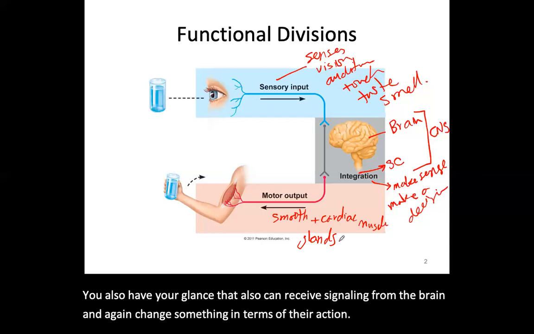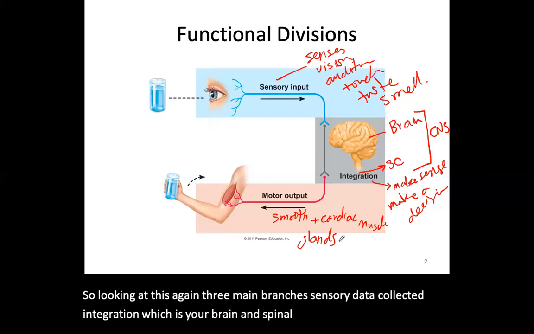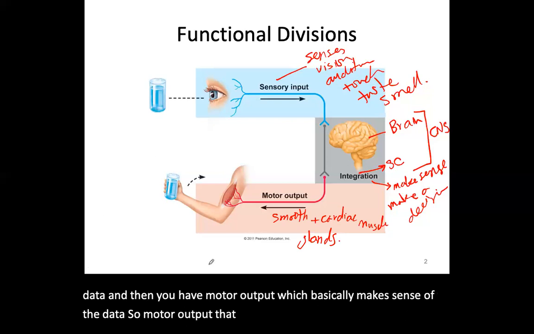So looking at this again, three main branches: sensory data collected, integration, which is your brain and spinal cord making sense of that data, and then motor output, which collects the data from your brain and actually completes an action.